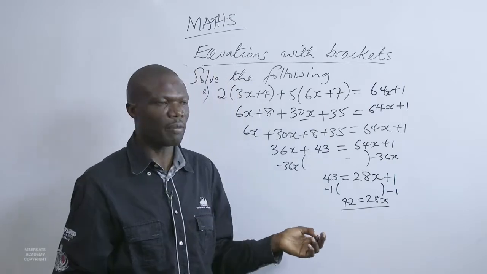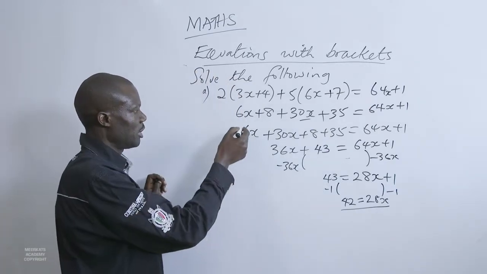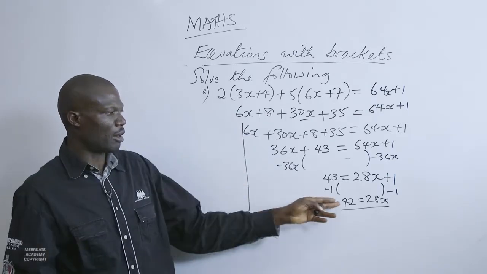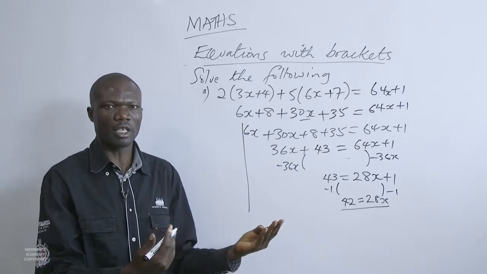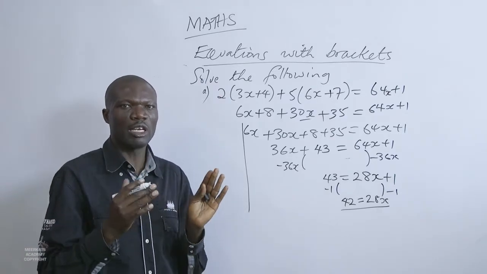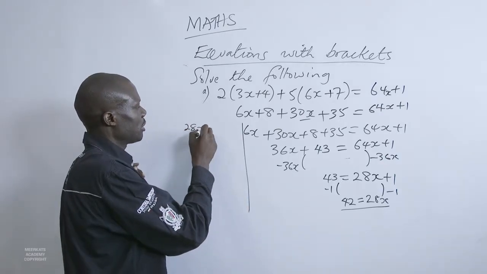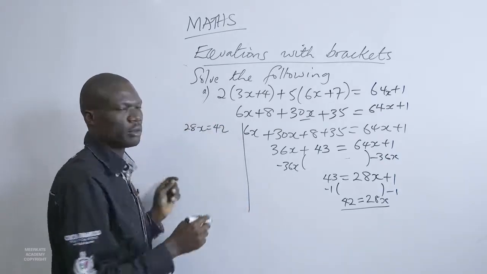We have reached here. This is a simple equation. We can continue from this other side here. If I swap, it's allowed, it is still equivalent. We said we can maintain an equivalent equation even when we swap. So we have 28x is equal to 42.